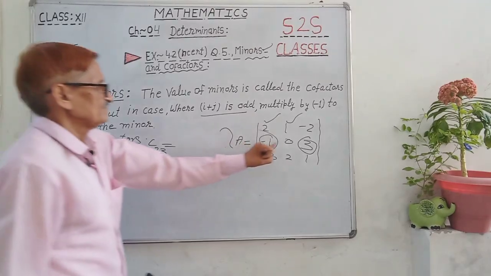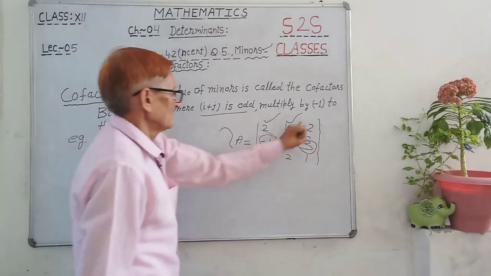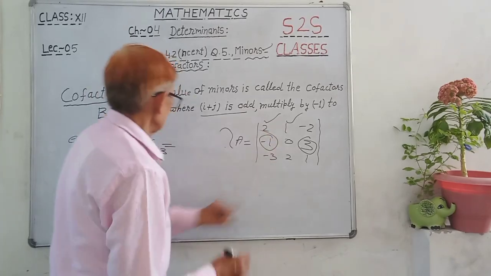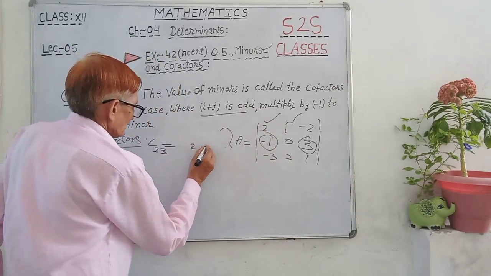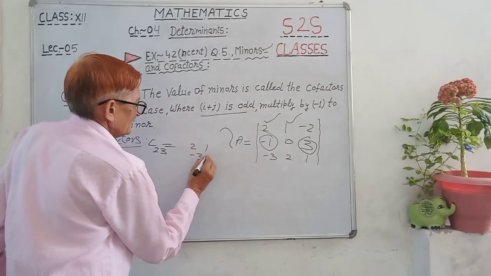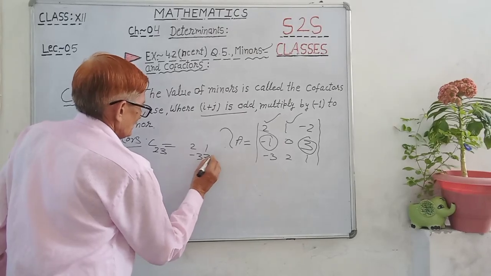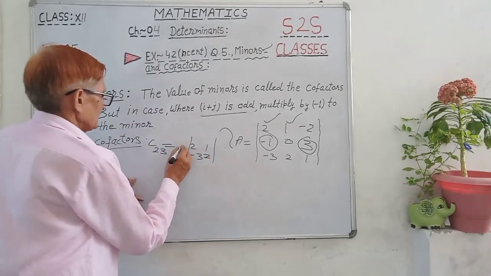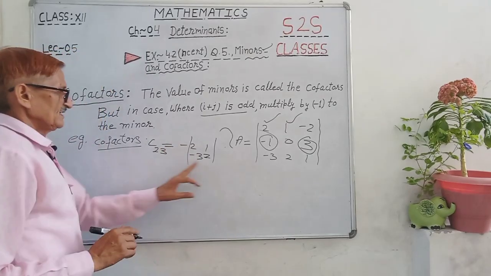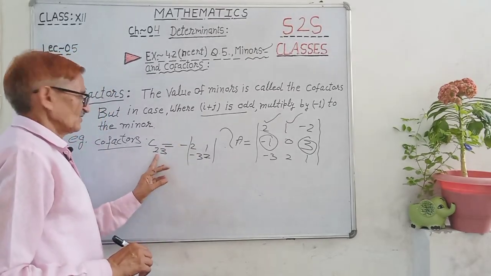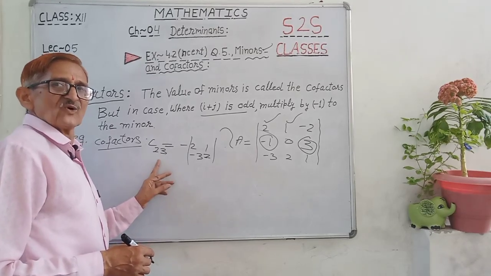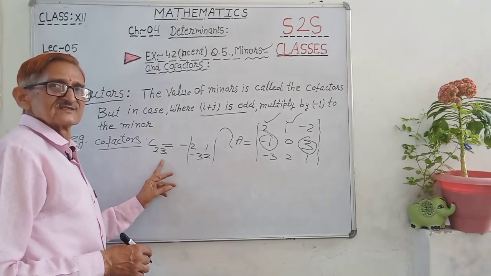Now along this column and row cancel, 2 1 minus 3 2, this value of this, and it is 2 3, 5, then multiply by minus, the minor multiplied by minus, because the sum of ith jth is odd here, 2 plus 3 is 5.